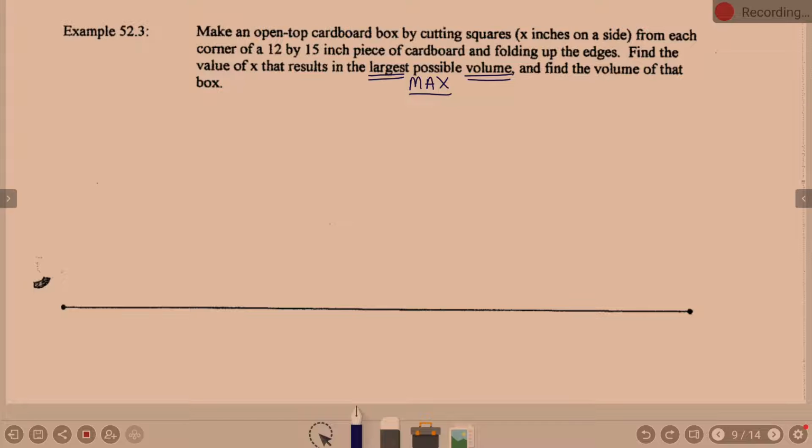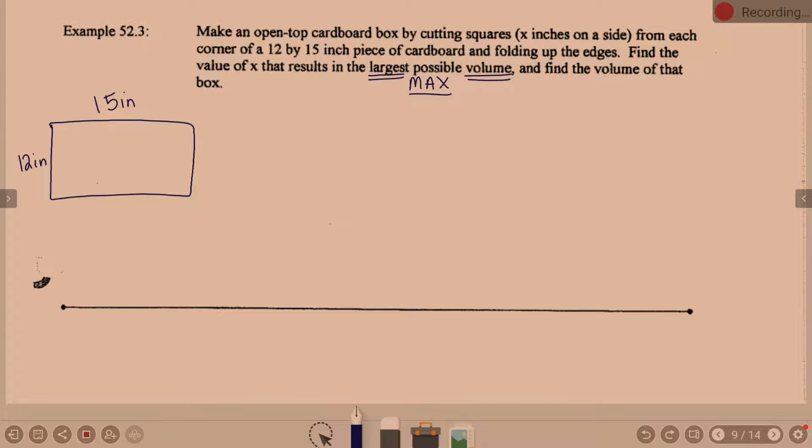Okay, let's start with a picture. Or maybe you're not starting with a picture, but I'm starting with a picture in case you need it as review. So this piece of cardboard is 12 by 15, yes.